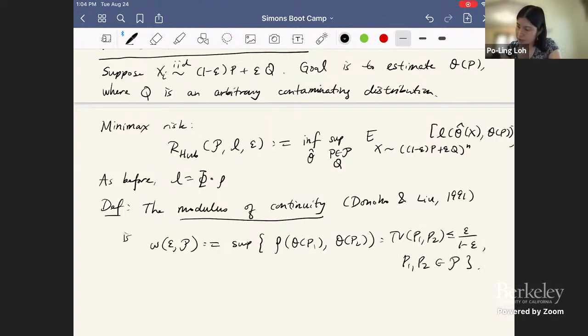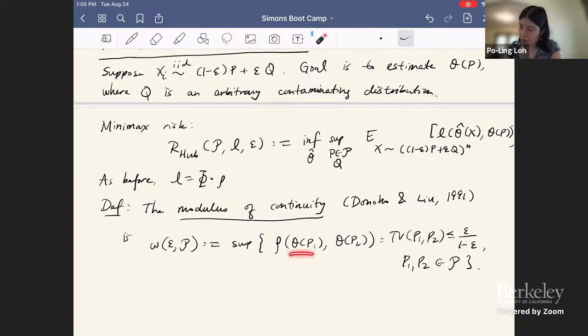Okay, so the result that I'll state in a moment tells us that the minimax risk, so the hardness of this problem, involves this quantity omega. And just to give you an idea of why this makes sense, what we want to know is how hard is it to distinguish two distributions, right? So we're measuring everything in terms of the loss L, which is really kind of some version of rho.